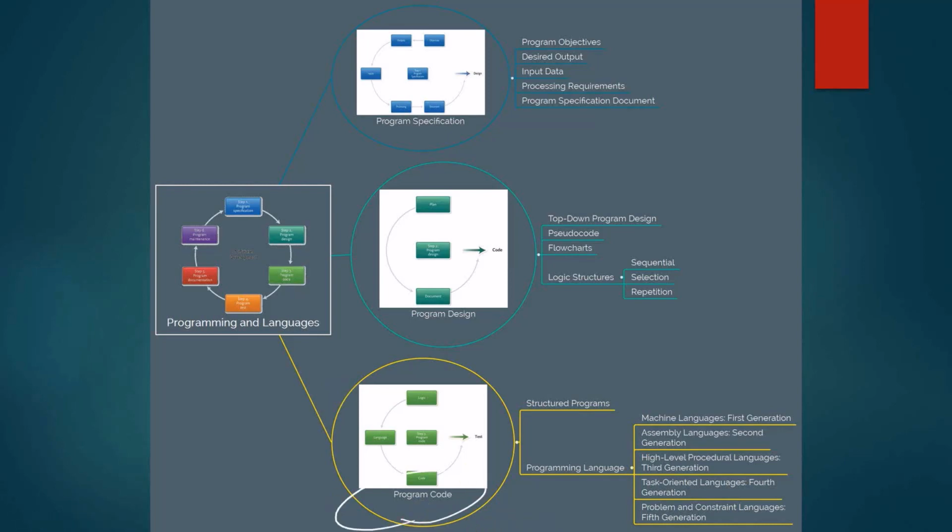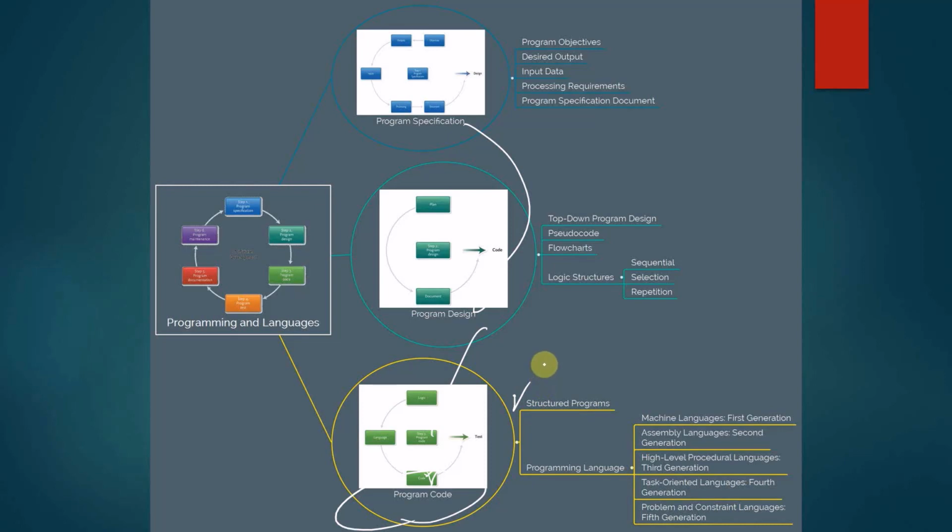Next, we have what's known as program code. After we've done specification and gone down to design, we're now at program code, which is what we all see and typically think of when we think of writing or programming a particular system. Under program code, we have a term called structured programming.